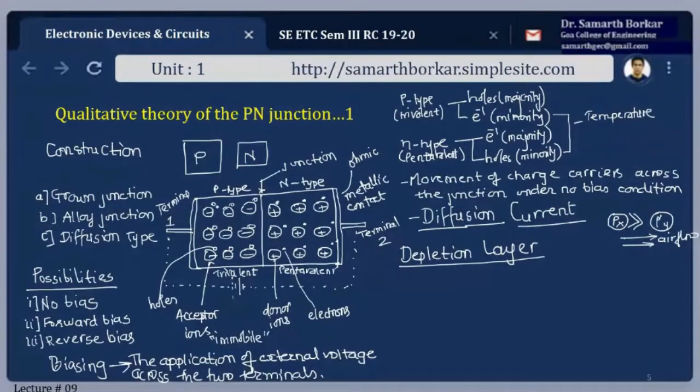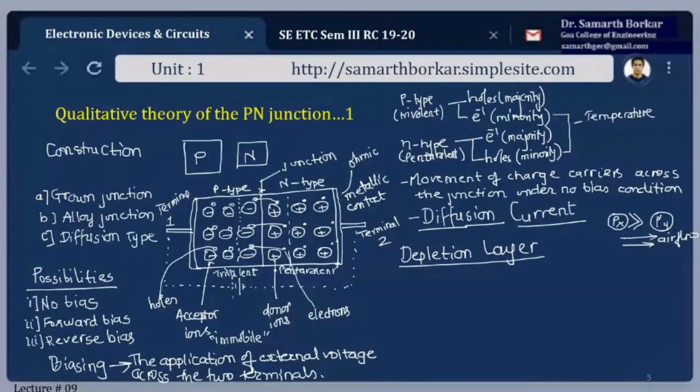Now, for example, let us consider this hole and this electron. They are right now parallel, so they will recombine. This hole and this electron will recombine, and this hole and this electron here will recombine.